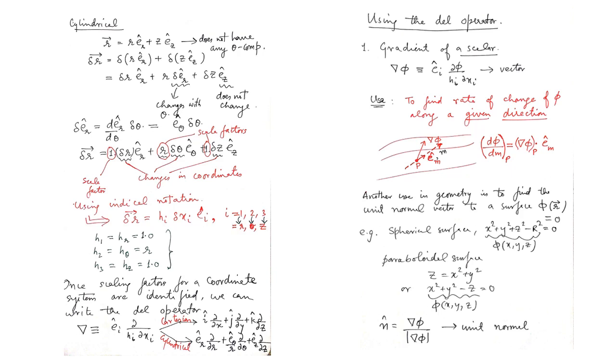So I have already circled these scale factors 1, r and 1. So whenever I take the radial direction, the scale factor will be 1, theta direction scale factor r, and z direction scale factor 1. So this is what is finally written, that when I varies from 1, 2 and 3, 1 would refer to the radial coordinate, 2 to the theta coordinate, and 3 to the z coordinate, and the scale factor values I have already mentioned.